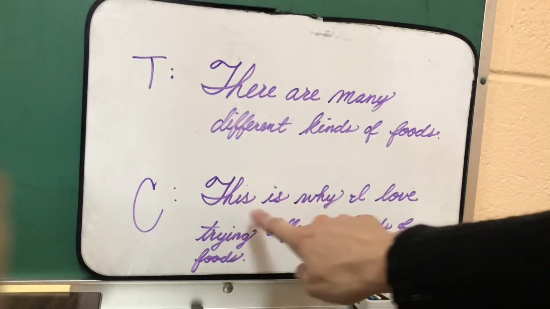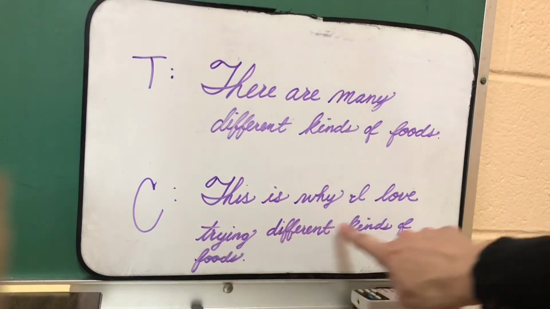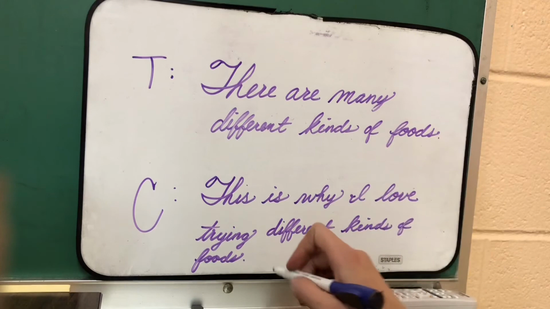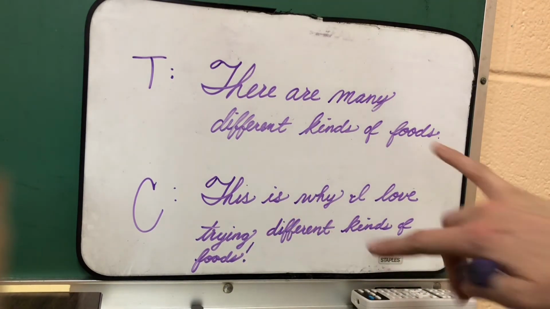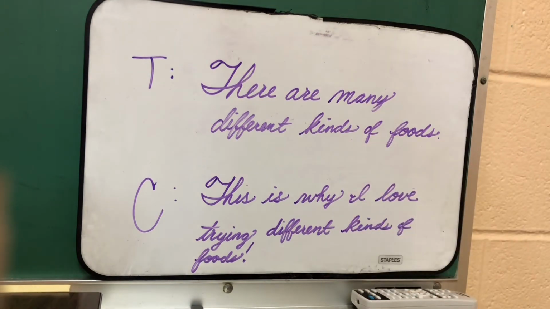Here is my concluding sentence. This is why I love trying different kinds of foods. You could even add an exclamation point at the end. It's very similar to the topic sentence.